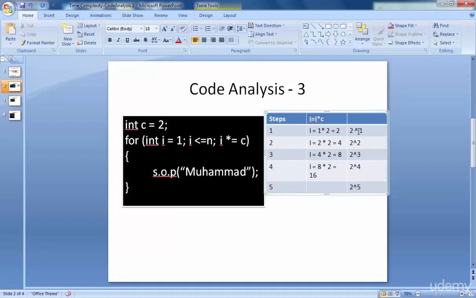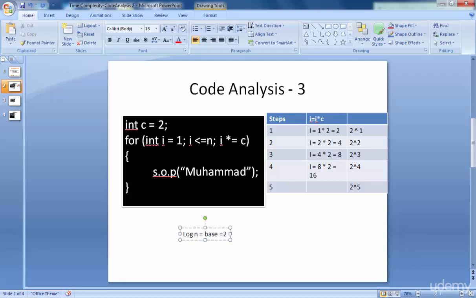The value of I is incrementing, and this is equal to logarithm. This is log of n, log base 2 of n, right? The base is equal to 2.